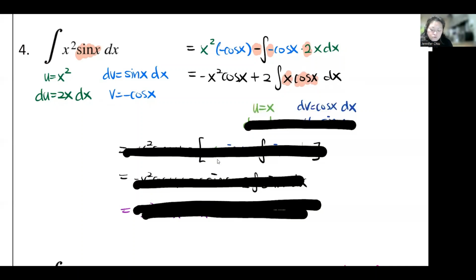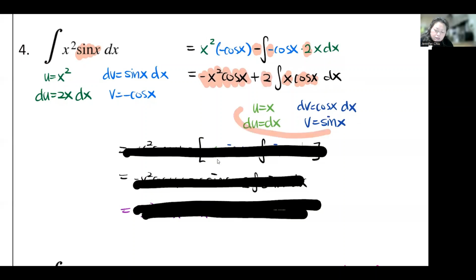So my new u is still x, and my dv is the trig function cosine x dx. When you take the derivative of u, it's going to be dx. When you take the antiderivative, it's going to be sine x for the cosine, right? Now I rewrite the next row of integration by parts. Keep in mind, you still have the 2 on the outside.